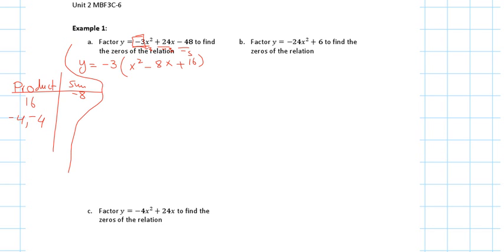So y equals negative 3, x minus 4, x minus 4. The question is asking me what are my zeros? So set this equal to 0. How many zeros are there here, since I'm going to get the same answer for both of them? 1 zero.